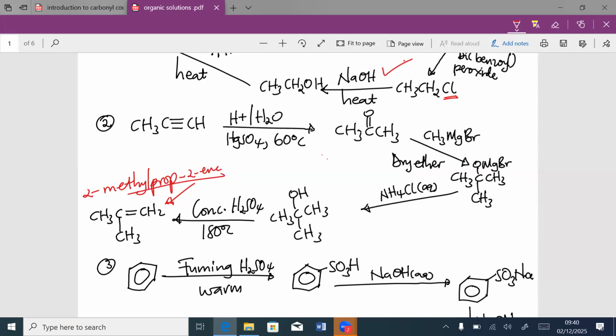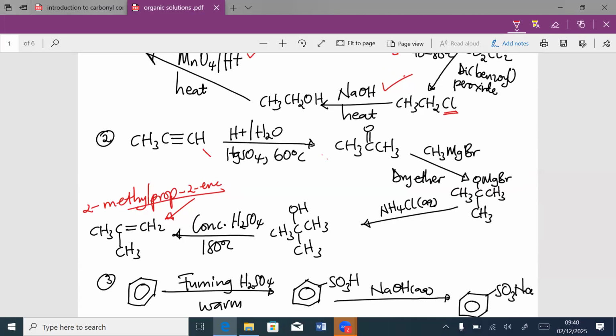So what I'm going to do is move from this up to this compound. You realize that this reaction involves an increase in the number of carbon atoms. One procedure that I can use to increase the number of carbon atoms is using a Grignard's reagent.